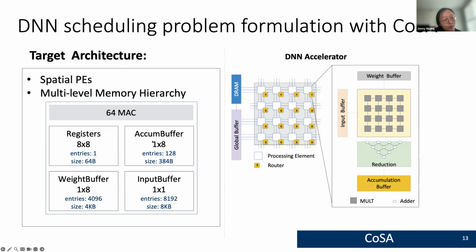In the outer level, we have an accumulator buffer, which has 128 entries and a size of 384 bytes. Outside of the accumulation buffer, we have a weight buffer and an input buffer to store the weight tensor and input tensor separately.